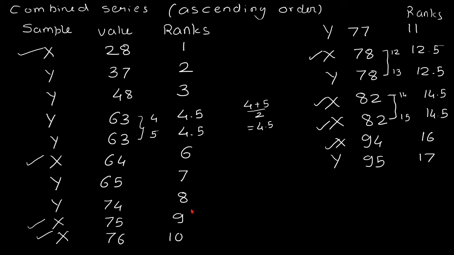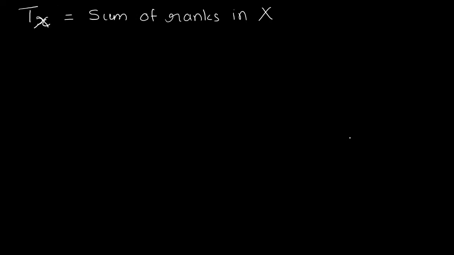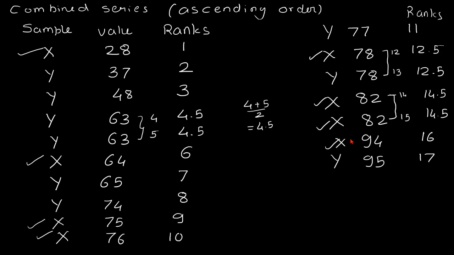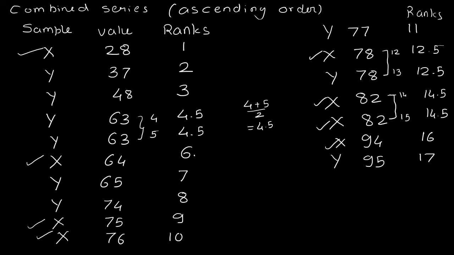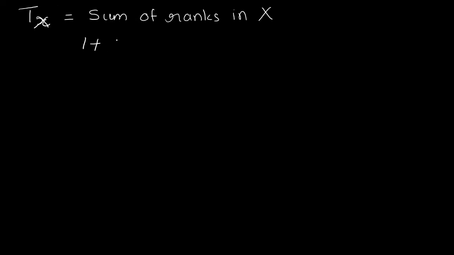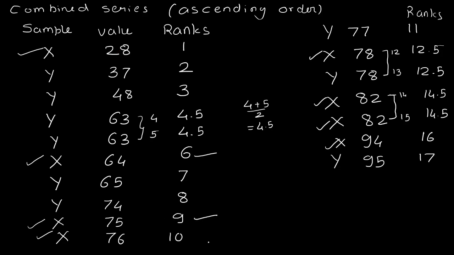That is the reason I have specially mentioned these x values here. So sum of the ranks in x will be 1 plus the next rank, that is this 6. Next rank will be here, 9, then 10, then 12.5, then this 14.5 plus this 14.5 and this 16.